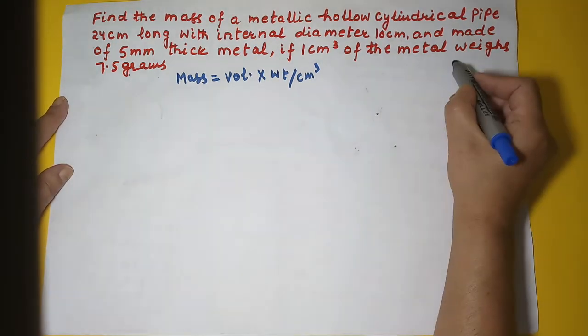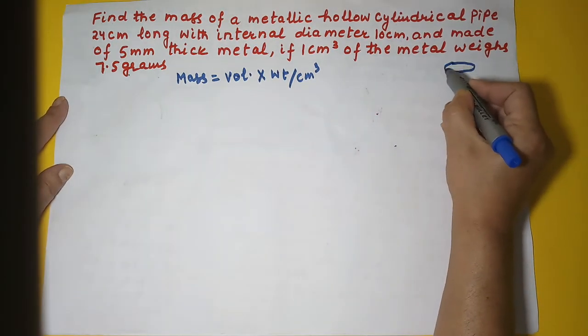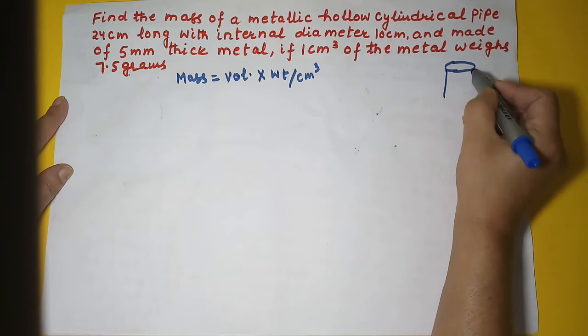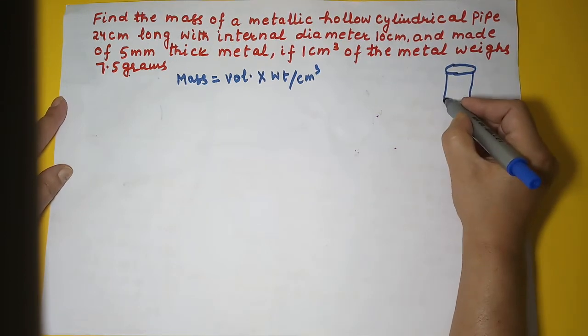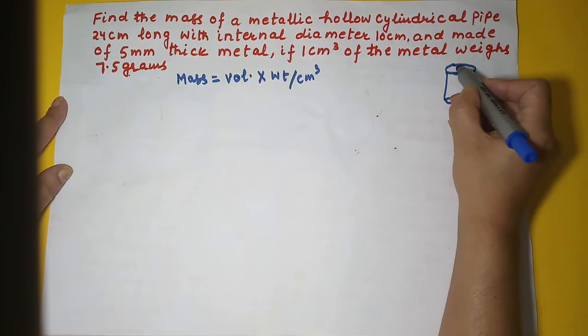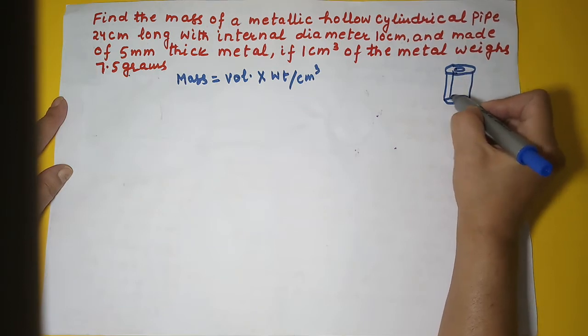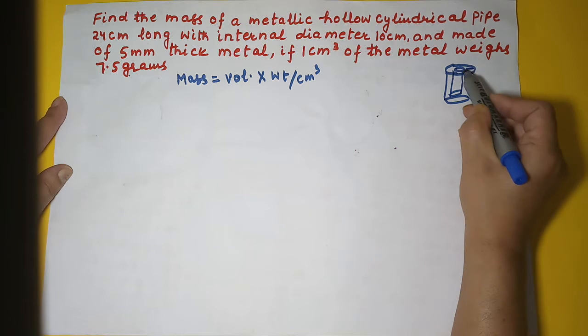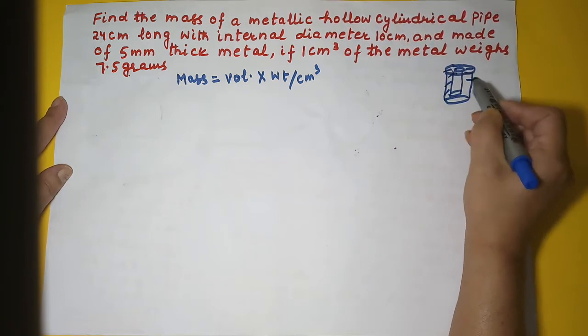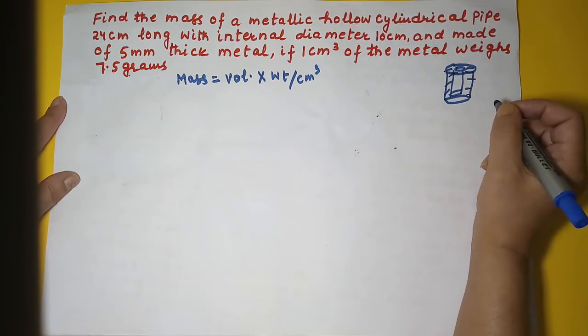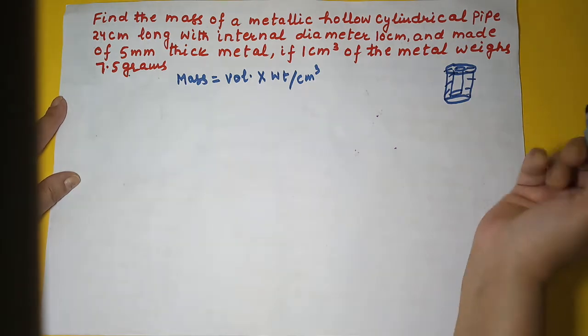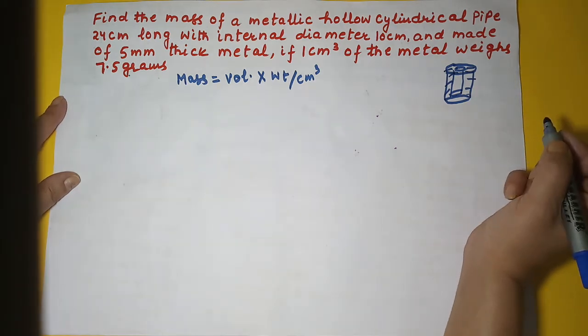And we know that if the cylinder is hollow, how do we calculate the volume of the hollow cylinder? We calculate the external volume minus the internal volume. That gives us the volume of this metal. How much metal has been used to make this cylindrical pipe.